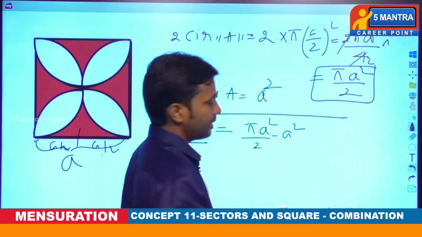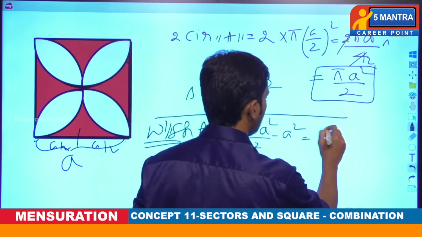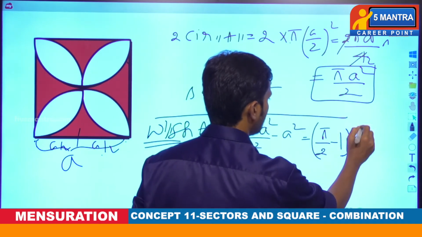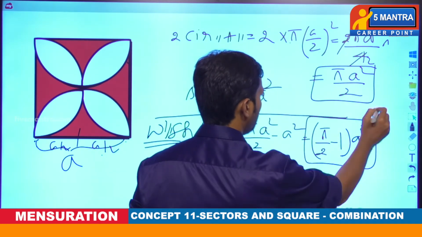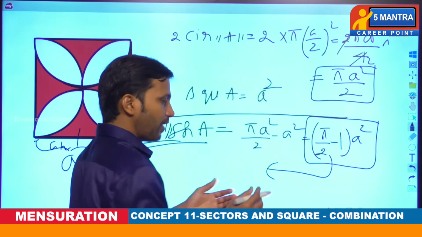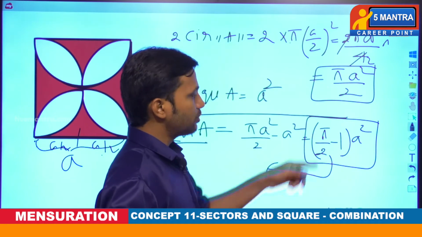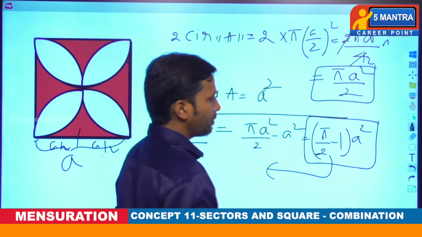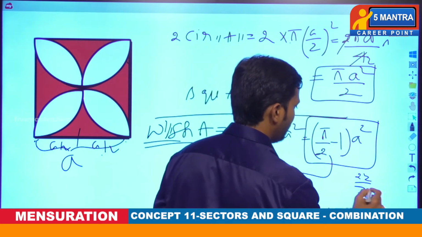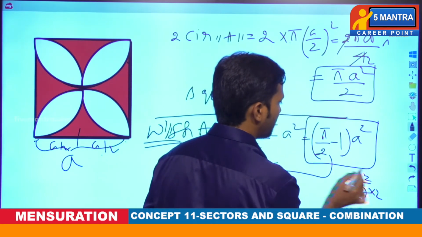So how much is that? A square can be taken common. That would be pi by 2 minus 1, into a square. So this would be your final answer. If you want to simplify it to numerical terms, then the pi value would be 22 by 7. Let me simplify: 22 by 7 into 2 in the denominator, minus 1.